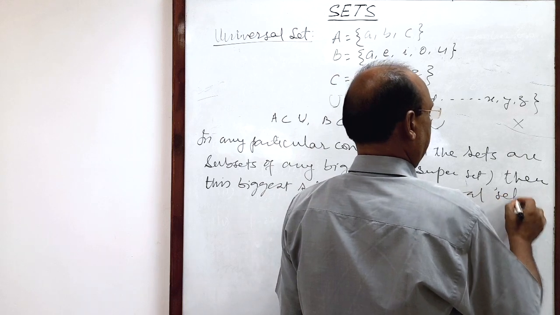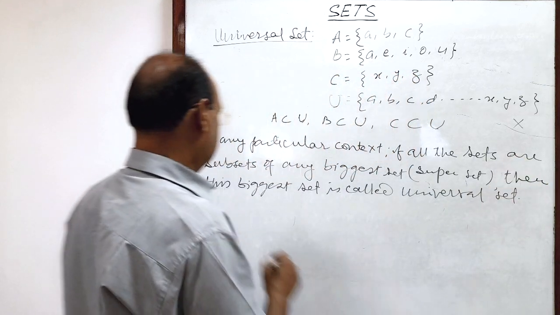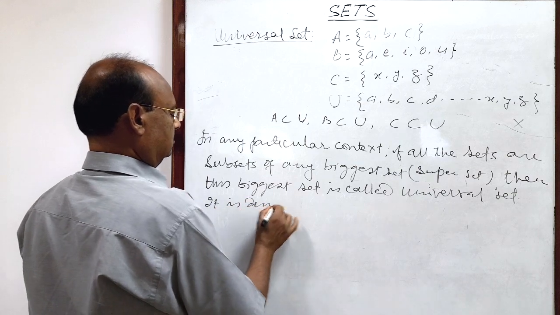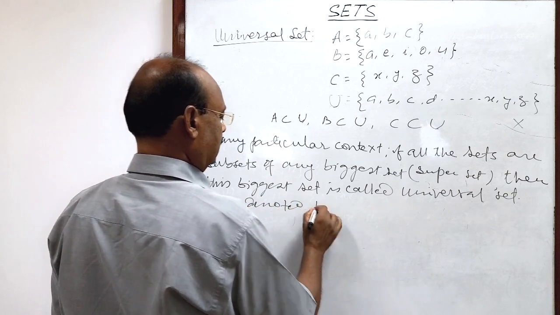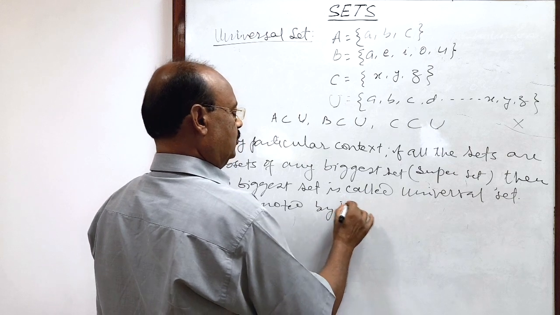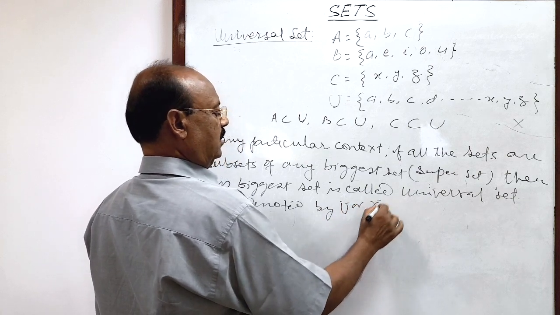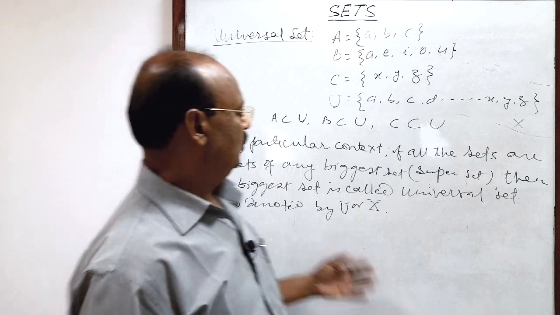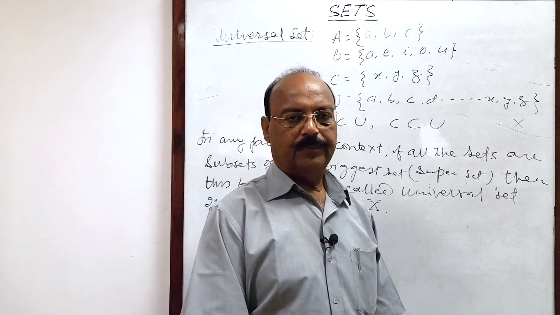This is called universal set, and it is denoted by capital U or capital X. Correct? Suppose we want to give one more example.